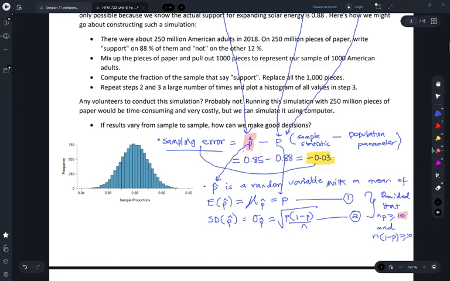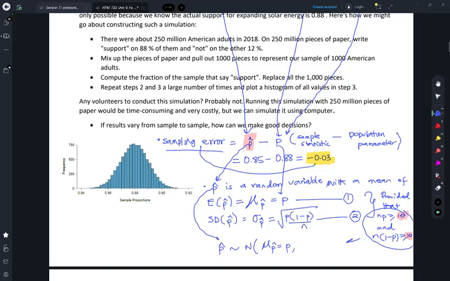The 10 is a threshold that guarantees that if these conditions hold, then our p-hat follows a normal distribution with a mean of p and a standard deviation of the square root of p times 1 minus p, all over n.